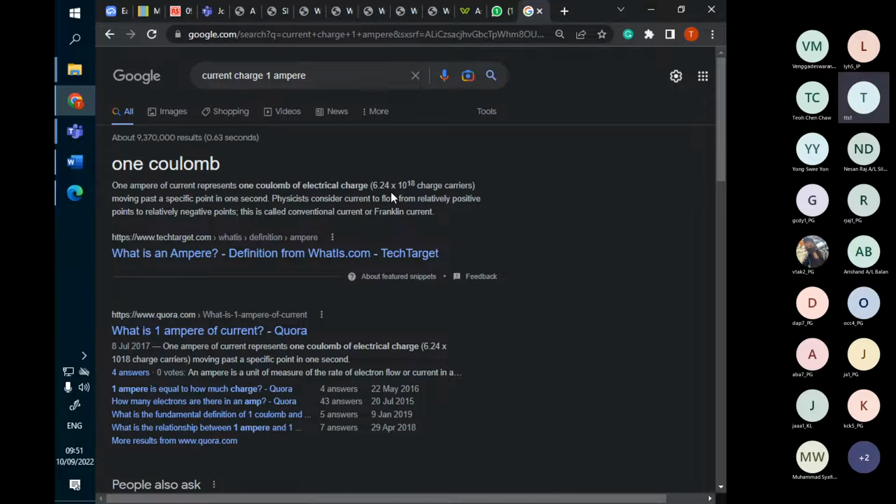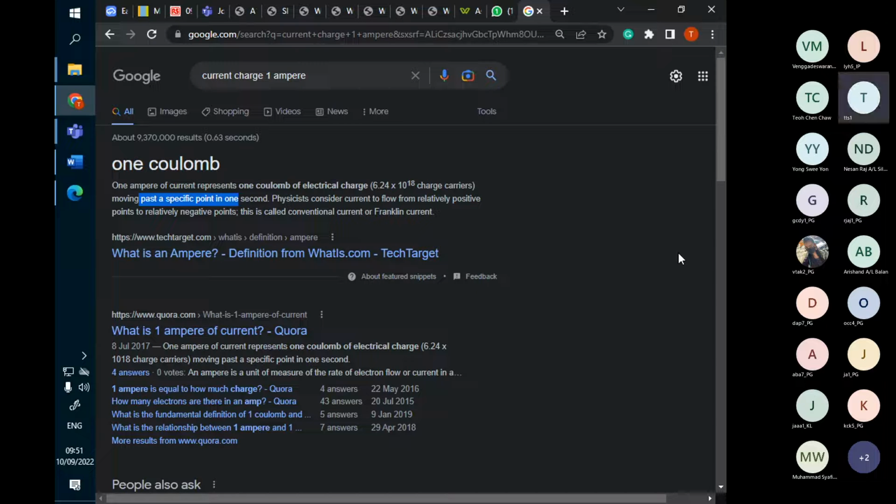So 1 ampere carries a total charge of 6.24 times 10 to the power of 18 charge carriers moving across a certain point in 1 second. This is the definition of 1 ampere.